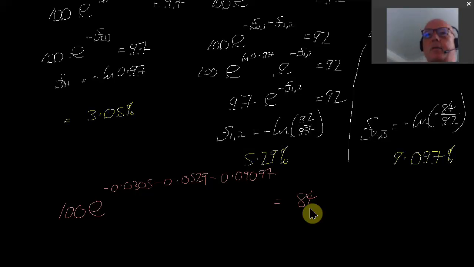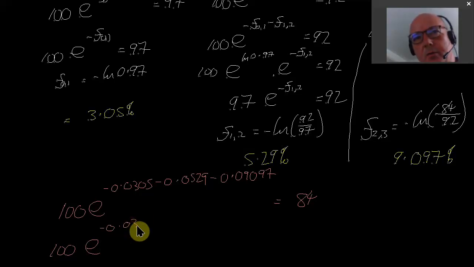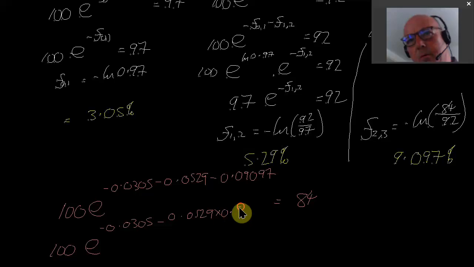Okay, and similarly, if we want to know what the price of a bond is at time 1.5, what do we do? Well, we go 100 times e to the minus 0.0305 minus 0.0529 times 0.5.